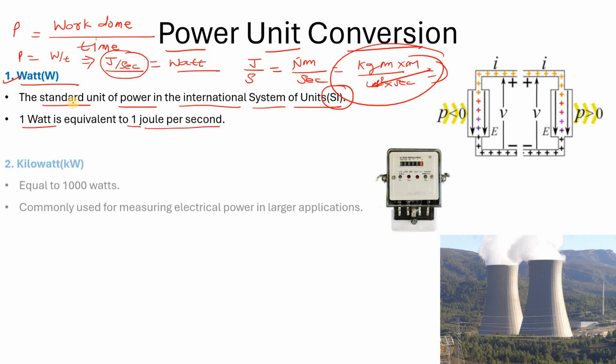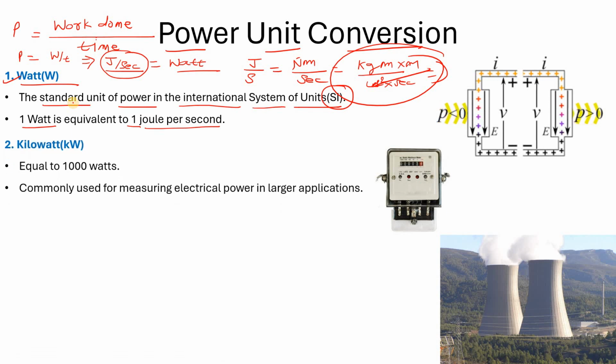Now, what is the next unit of power? The next unit is kilowatt. Watt is a very small unit, so that's why kilowatt and other units came into the picture. Kilowatt, kW, is equivalent to 1000 watts, since kilo means 1000.